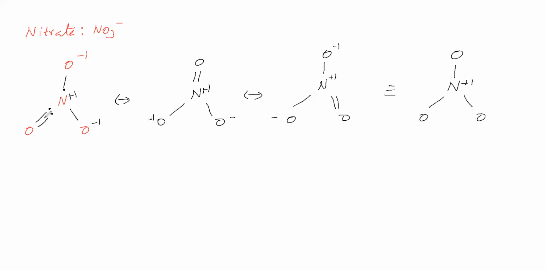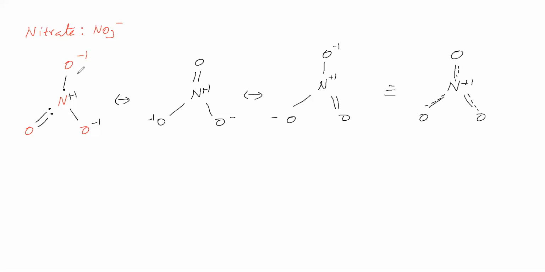Then one pi bond is there. Let us distribute this pi bond equally into all the 3 oxygen atoms, so 1/3 pi bond will be distributed to each.